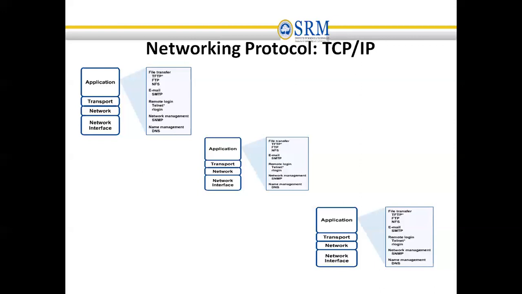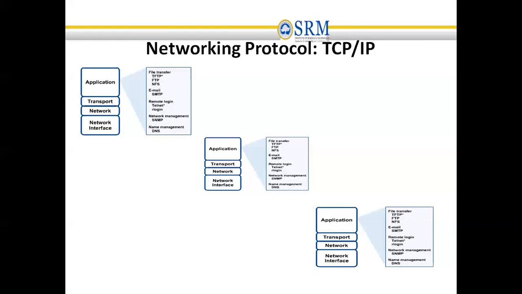Each and every layer in this TCP/IP has a suite of protocols within it. The suite of protocols are nothing but TFTP, FTP, that is file transfer protocol. We have the NFS protocol. We have SMTP exclusively for email. For remote login, we have Telnet, RLogin, and for network management, we have SNMP.